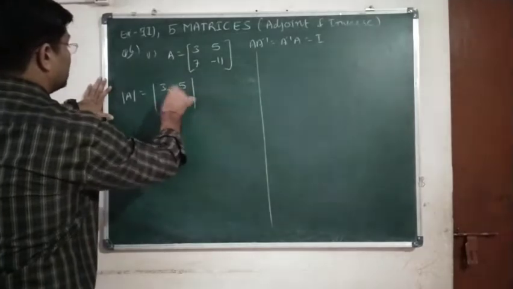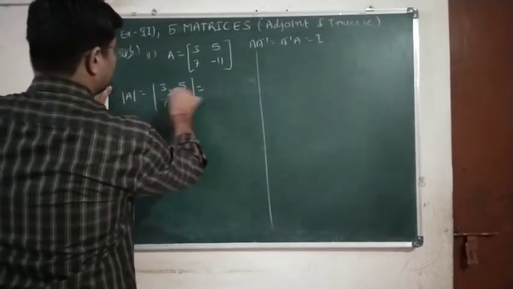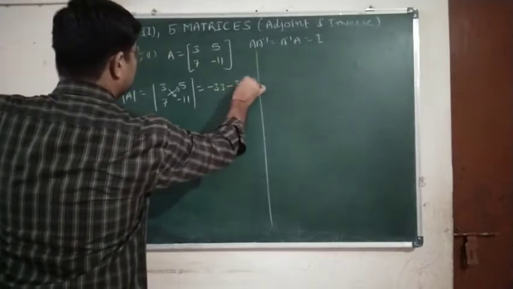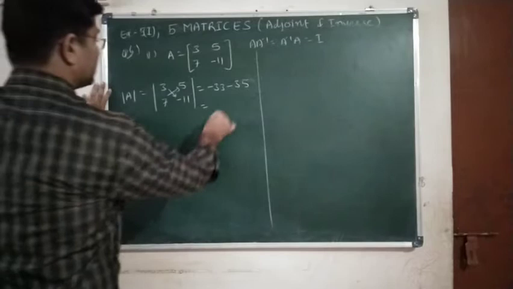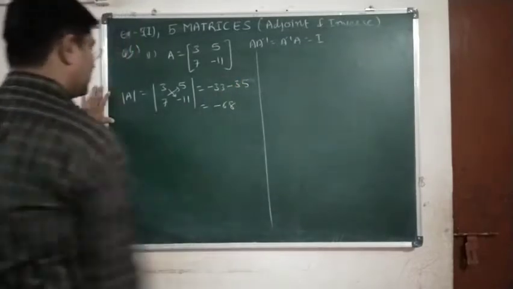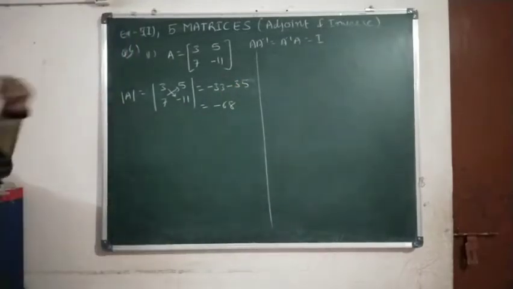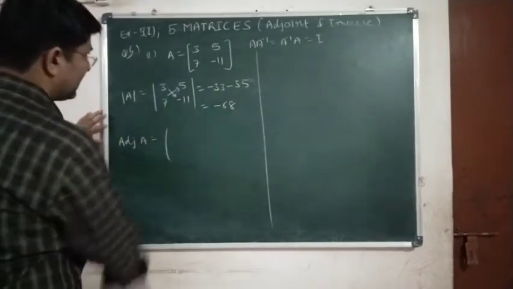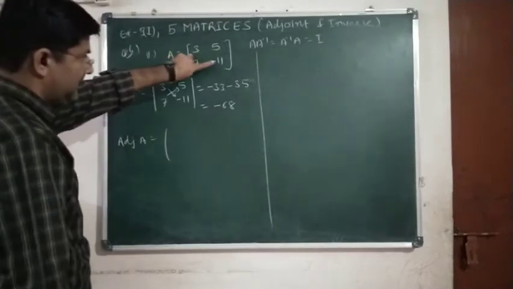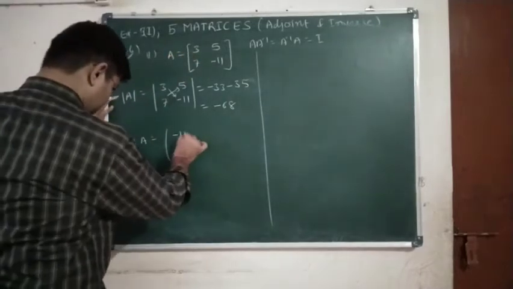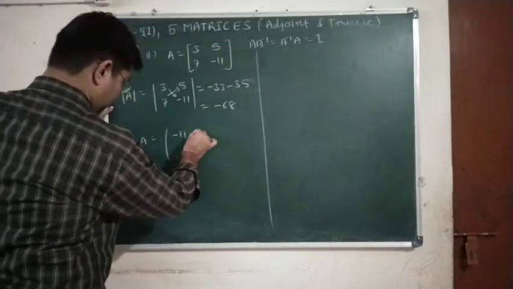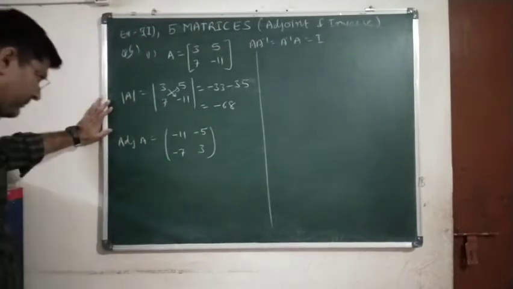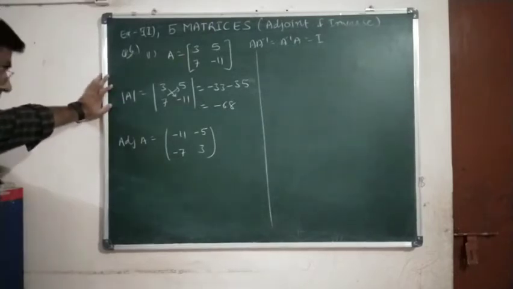That is minus 33 minus 35, so minus 68 is the determinant of A. Now the adjoint of A can be calculated directly. Interchanging the diagonal elements, minus 11, 3, and only changing the signs of the off-diagonal elements. Okay, so we got the adjoint of A.